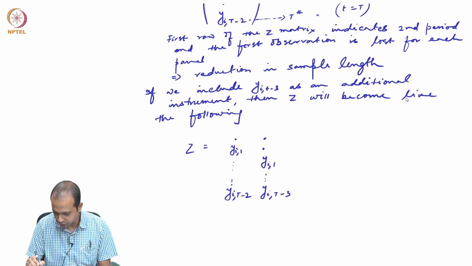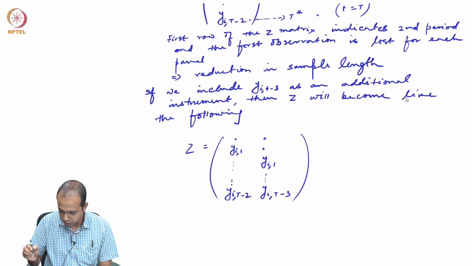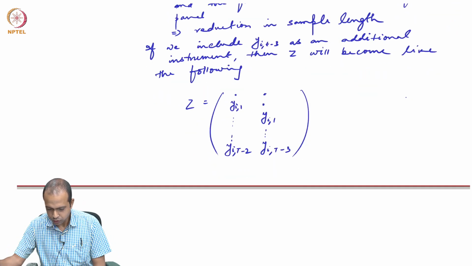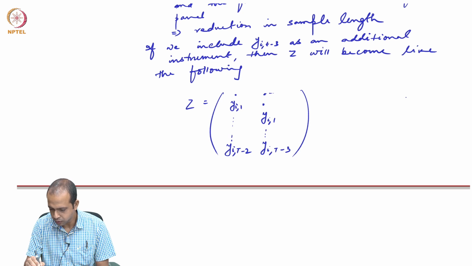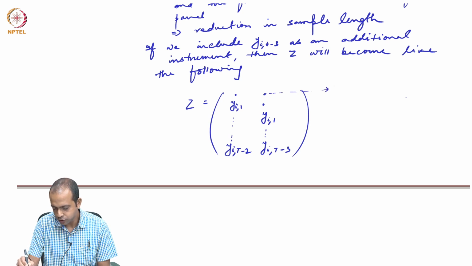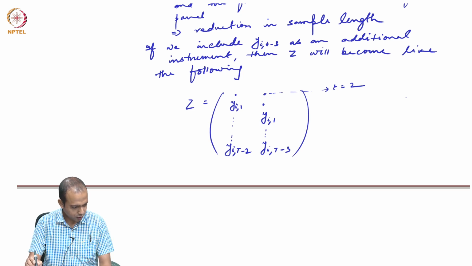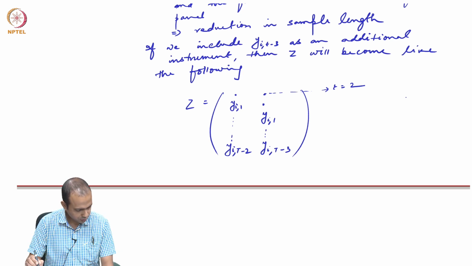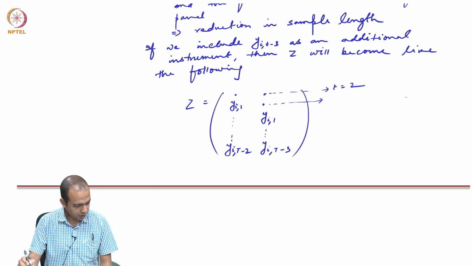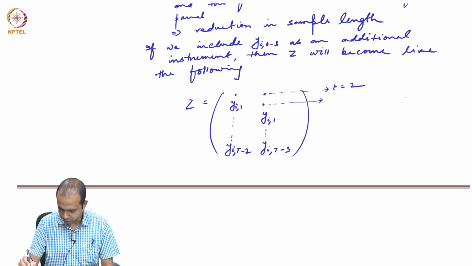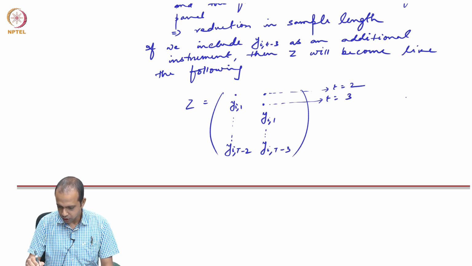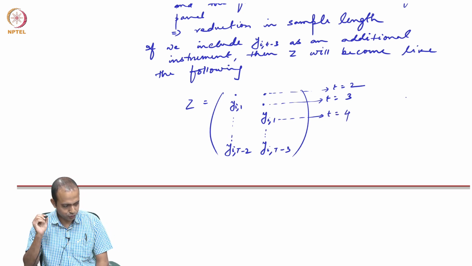So, this is for t equals to 2, this is for t equals to 3, and this is t equals to 4.